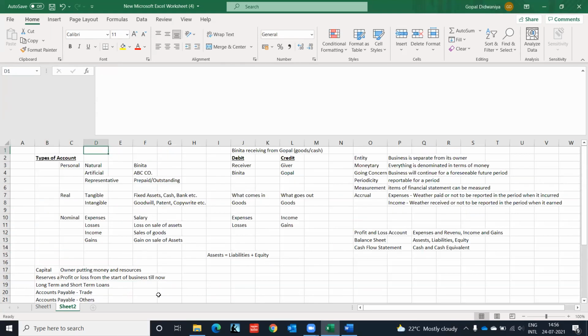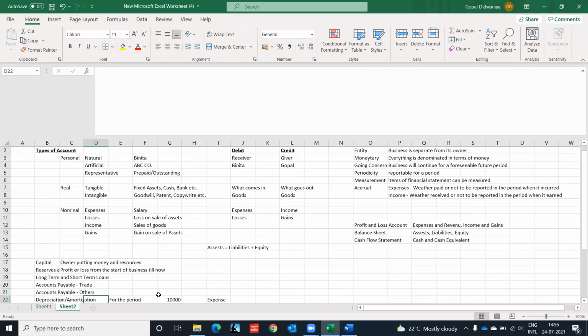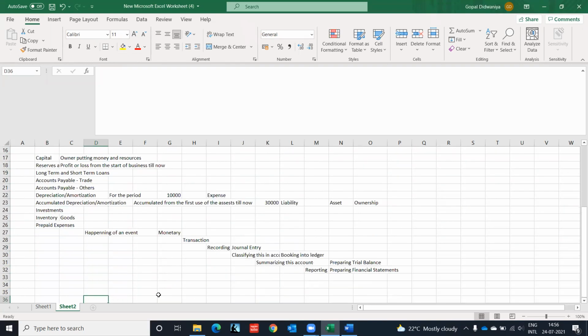First you need to get familiar with the words used in accounting. Like I said: capital, reserves and surplus, long-term and short-term loans, payables, accounts receivable, depreciation, accumulated depreciation, investments, inventories, prepaid. You will be given a list when you go for an accounting course, or even if you don't want to, you can go through some books available on Kindle to understand how accounting happens.